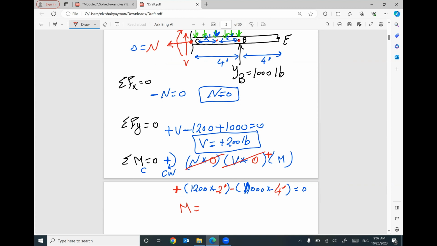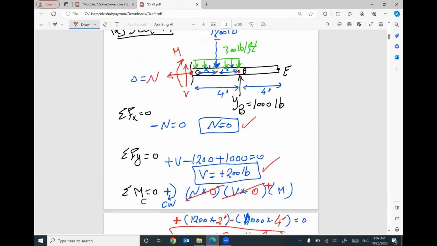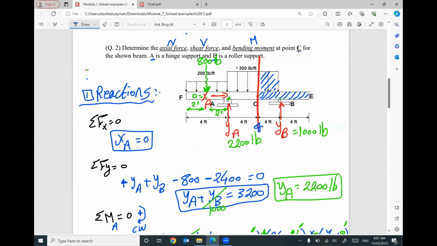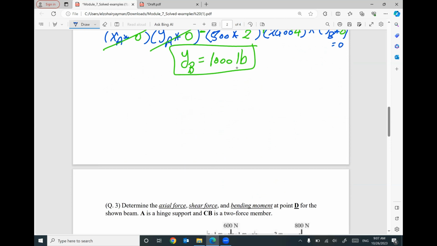I got positive 1600 pound foot. So the 3 internal forces: axial force equals 0, shear force equals 200 pound, and the bending moment equals 1600 pound foot at point C in this beam. So far, I think so good. Any question?